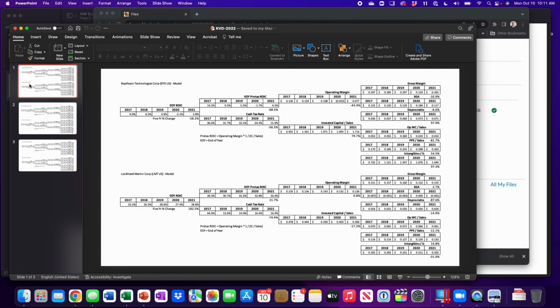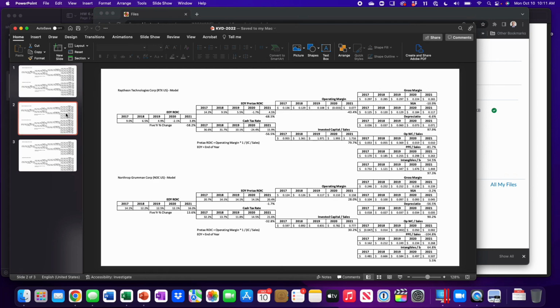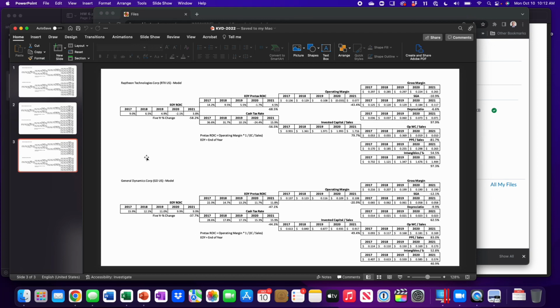These 3 rows, this one and this one, I want you to do the next slide, Raytheon against Northrop Grumman. Same thing. Look at both of those, analyze it, who's doing better, why. And then the final 2 rows over here on the right side of the room, you get the last slide, which is Raytheon against General Dynamics.